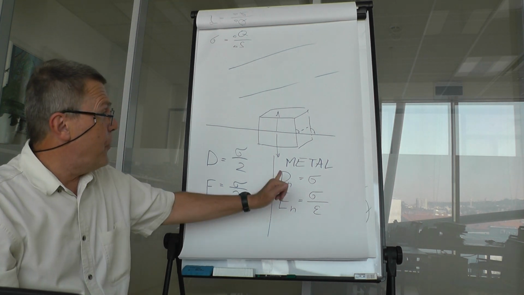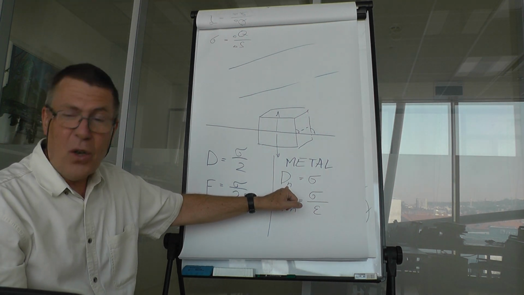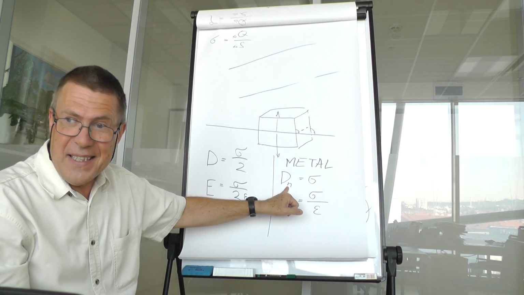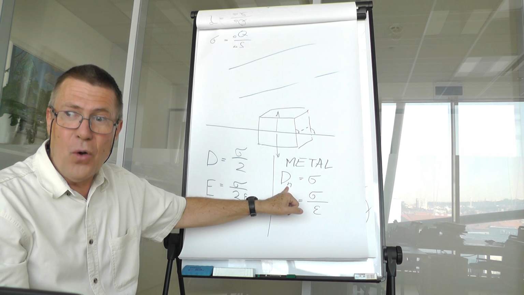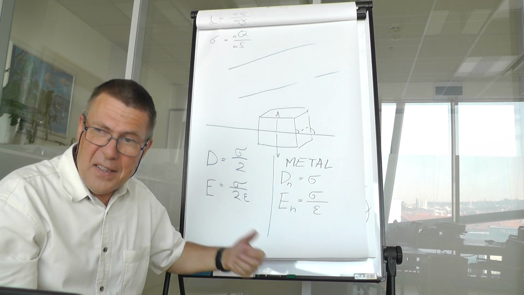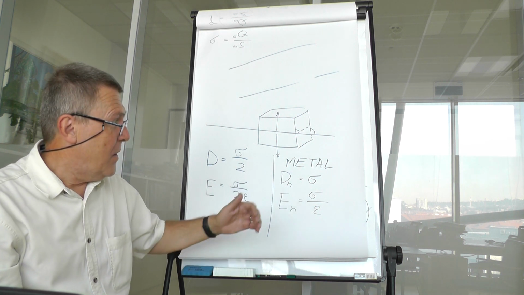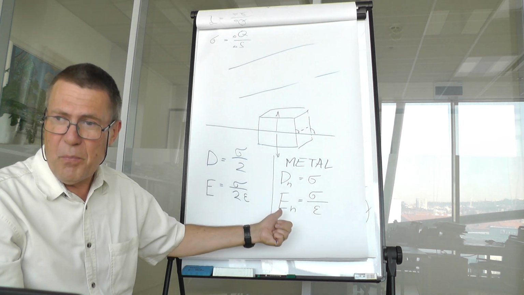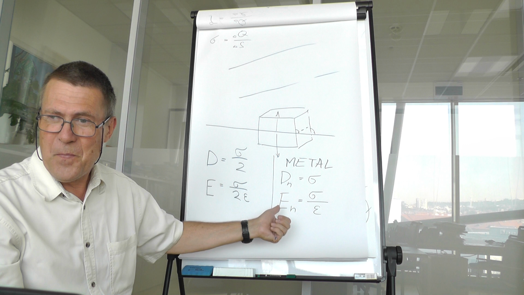Now, I have put here the normal component to stress that the field is normal to the metallic surface. At the same time, there is no tangential component, so there is only the normal component at the surface.